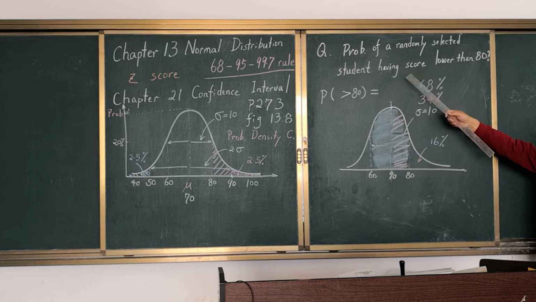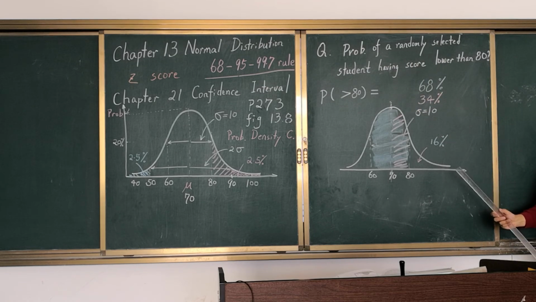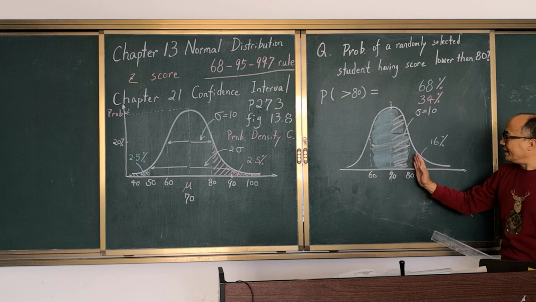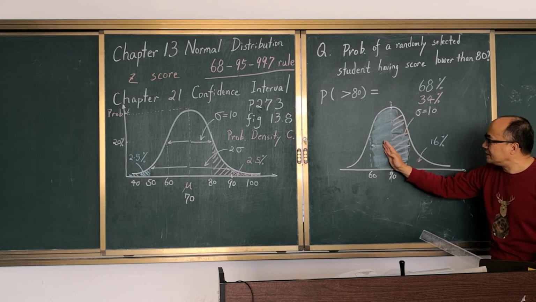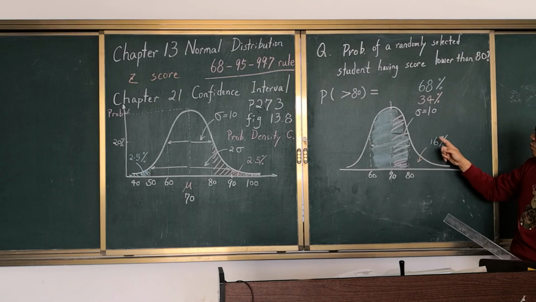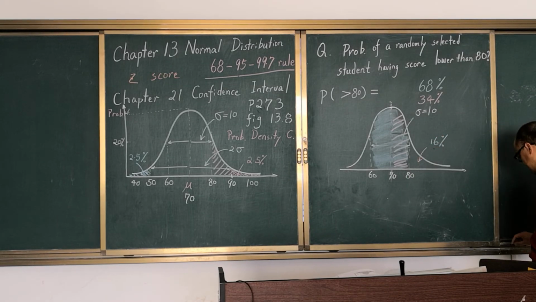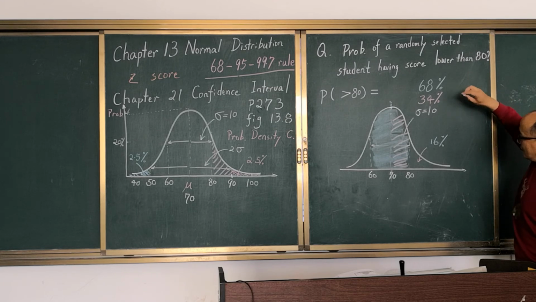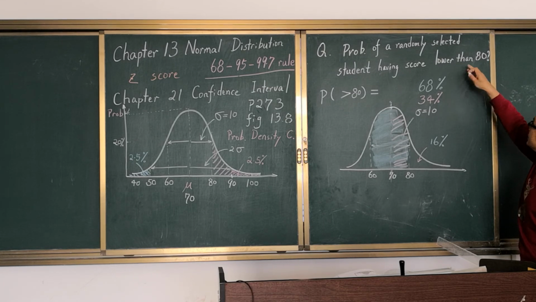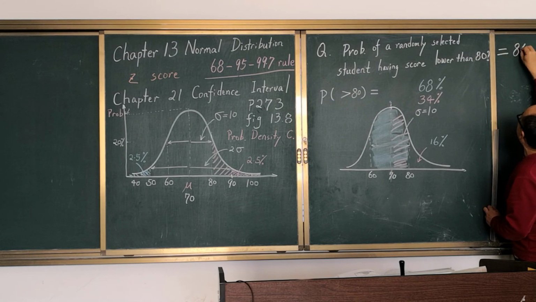Original question is the probability lower than 80. Lower than 80 is this part, and this part. So 100% minus this is a what? 84. So the answer here is 84%.